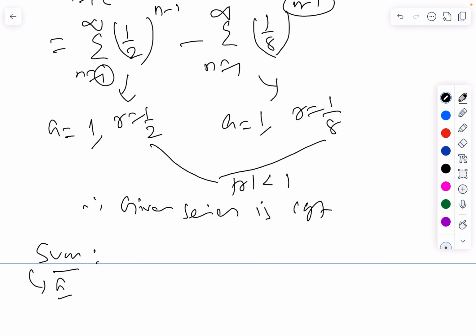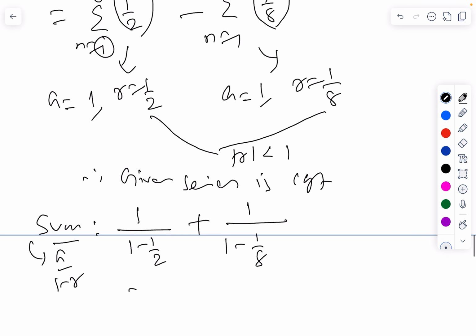And the sum formula is a upon 1 minus r. So a is 1 here, 1 minus r, 1 minus 1 by 2. Then plus here also 1, 1 minus 1 by 8. So this is 1 by 2, and here that will be 2. This is 8 minus 1, so that is 7, and here 8. Okay, and so you can have 7, 14, 14 plus 21 and 22.